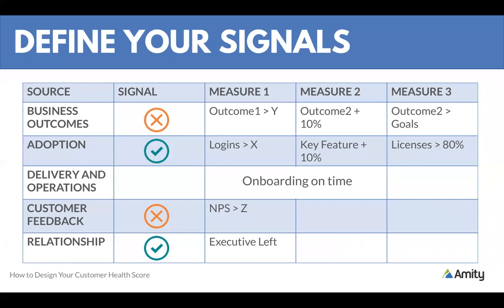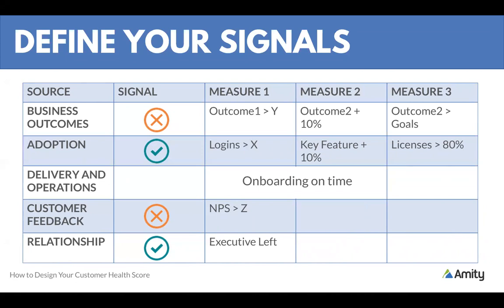Customer feedback, maybe you have a CSAT survey tool or an NPS survey tool, and you may want a particularly low NPS score to be unhealthy. So anything below a 4 is unhealthy, anything above a 7 is healthy, and anything in between is neutral.